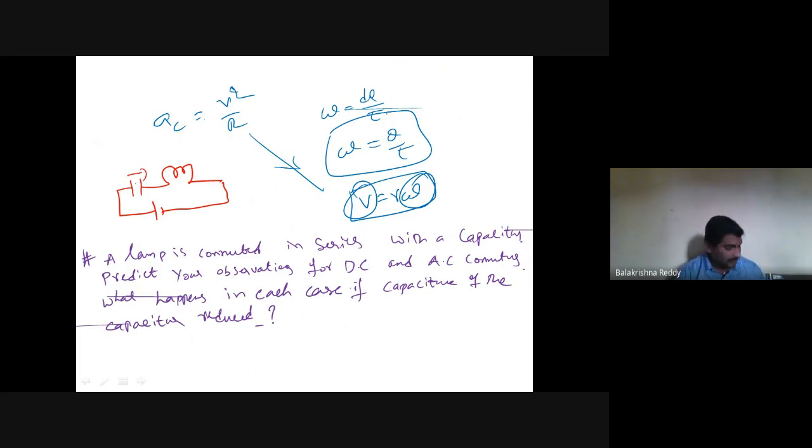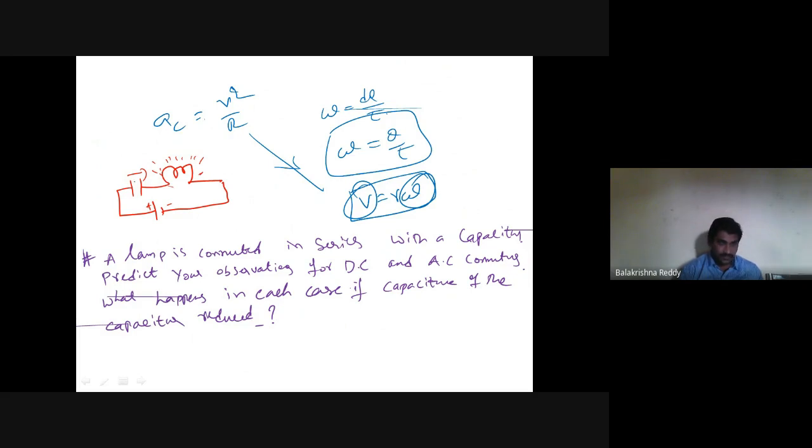But if it is connected to the AC, what happens? It supplies the AC to this, it's fine. In the DC case, since it blocks, there is no difference in the intensity of the bulb. But in the AC case, when the capacitor stores charge, at that time we can find that the bulb is glowing.